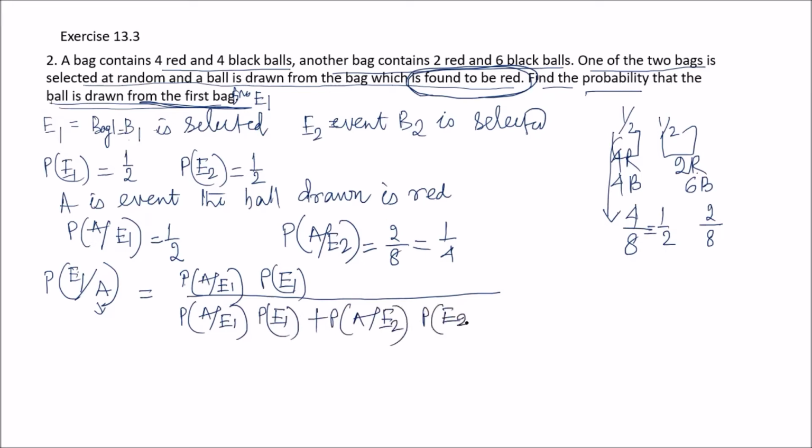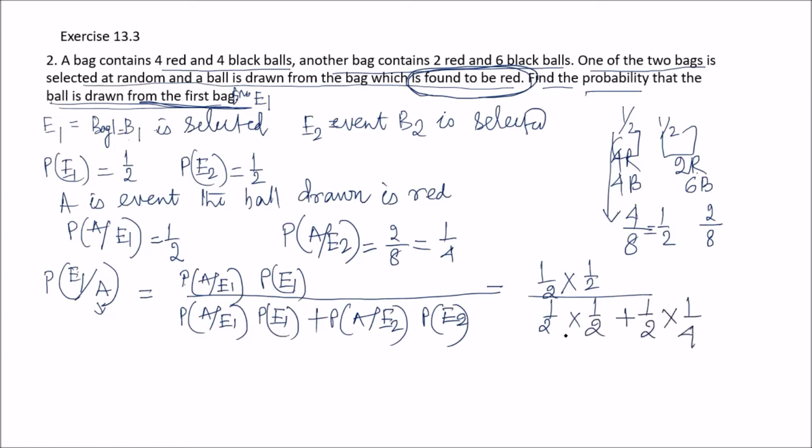So all we have written, now we'll take. This will be half multiplied by half, upon half into 1 by 2, plus half multiplied by 1 by 4.